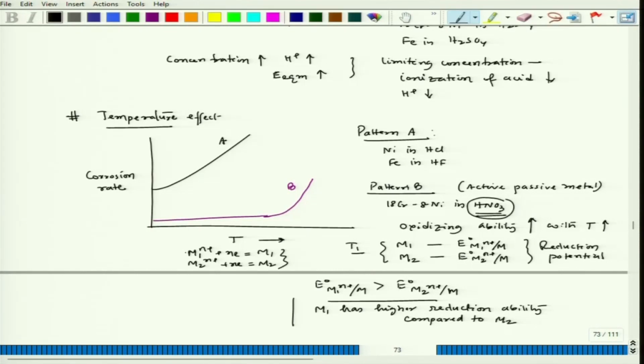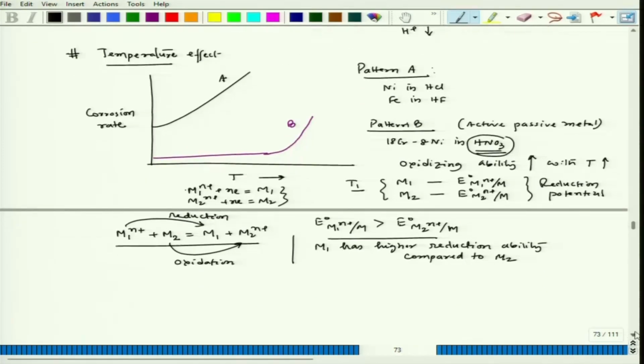Fine. Now, let us consider M1 n+ plus M2 equal to M1 plus M2 n+. This would be the reaction, because M1 n+ has a higher reduction potential compared to M2. So, it goes to this: reduction. And this one is an oxidation or anodic process, because it is releasing n electrons which are taken by M1 n+.